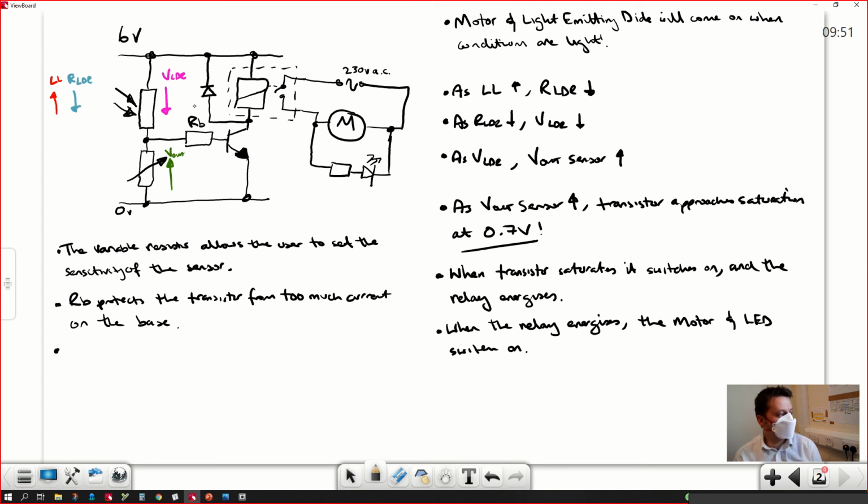The diode, let's talk about this diode here. It protects the transistor. Loads of people get this bit wrong. They think it protects the relay. The diode protects the transistor from back EMF generated by the relay.